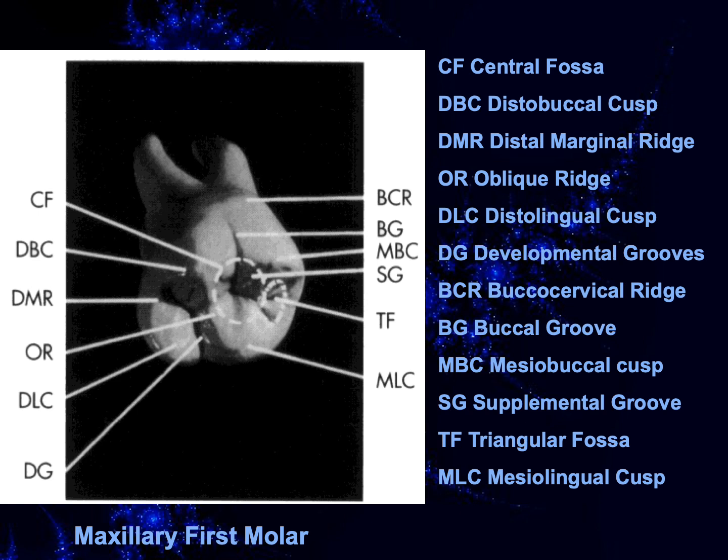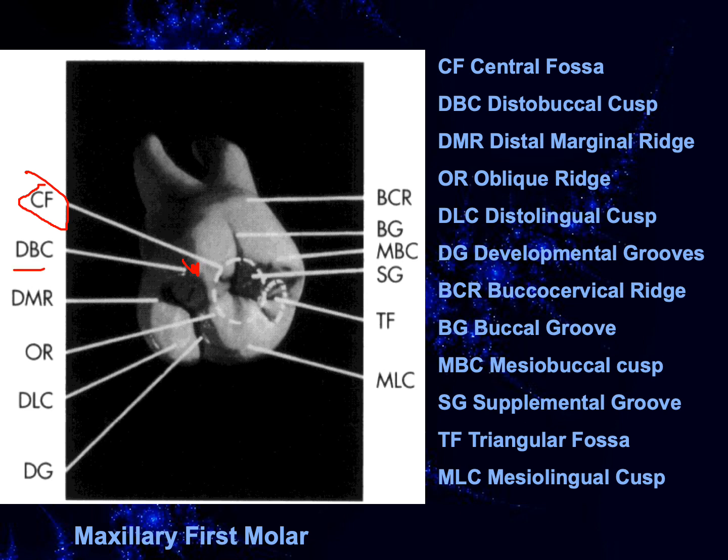So we'll try to summarize a lot of the terms that we have already explained. For example, here points to the central fossa where the developmental grooves join. This is the distobuccal cusp. You don't have to memorize these now. You just have to know that each cusp is named after its location.